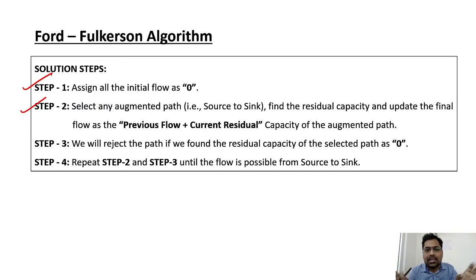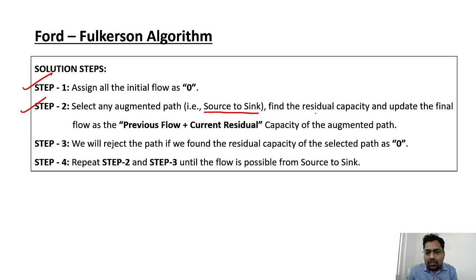Otherwise we cannot call a path an augmented path unless it considers source to destination. So this is what it is representing. Okay, source to sink. Once the connected paths are from source to sink, we say it's an augmented path. While we are working on it, we say it's an augmenting path; once it is done, we say augmented path.